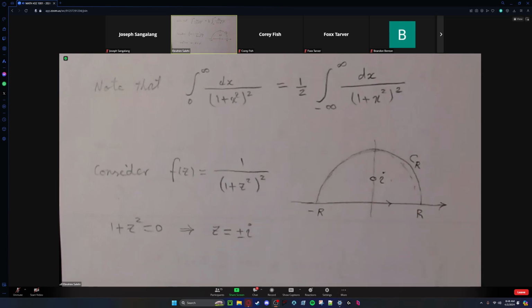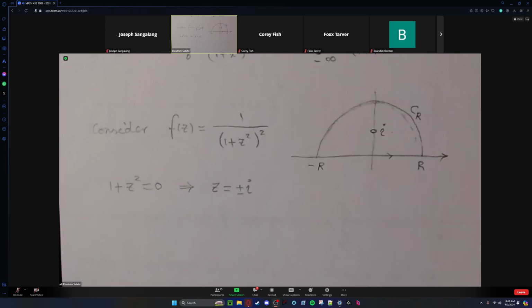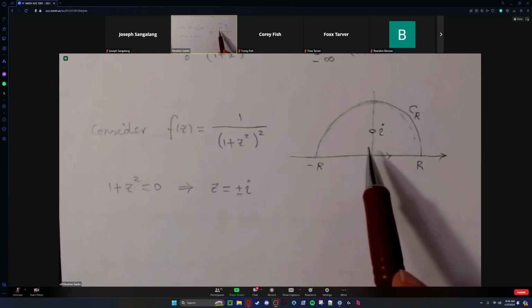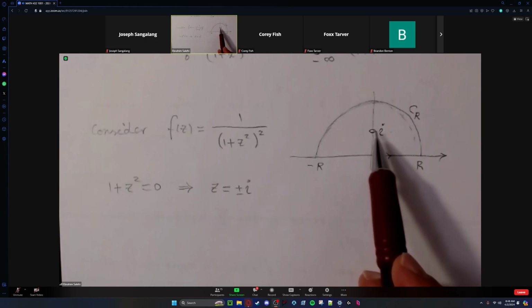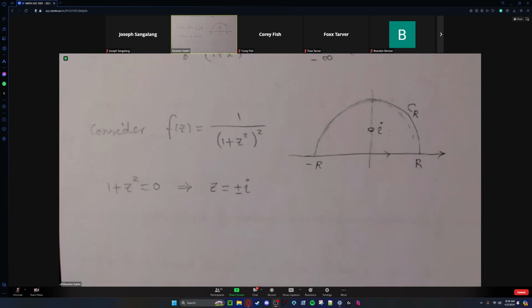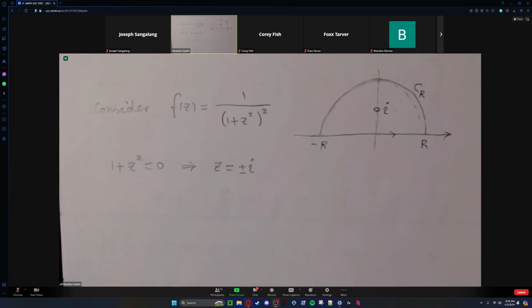Good. So the integration over this contour will be just 2 pi i times the residue of this function at i.